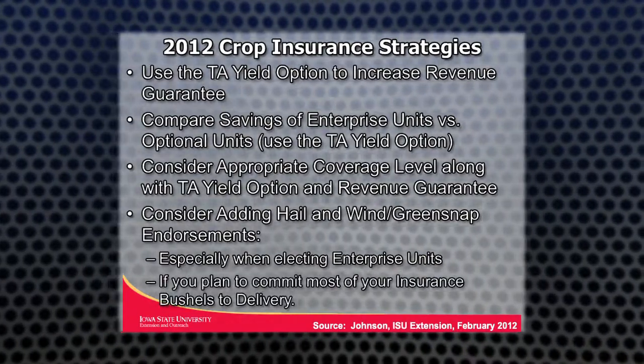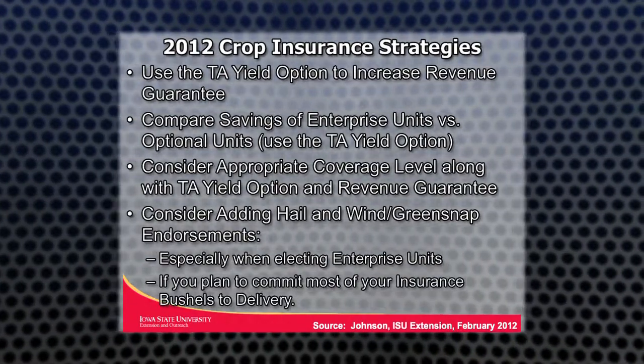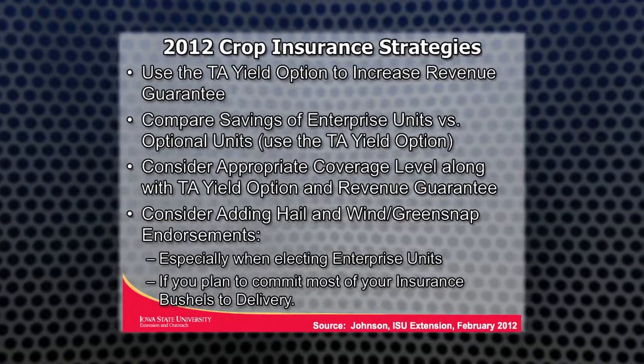Or if you're considering committing most of your insurance bushels, those bushels are your APH, whether it be actual APH or TA yield option APH, times the level of coverage. If you're committing a large number of insurance bushels, I would encourage producers to consider adding hail and perhaps a wind or green snap endorsement.